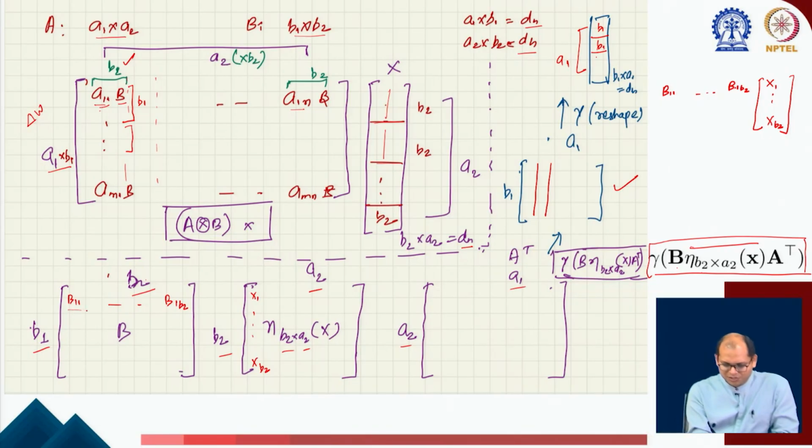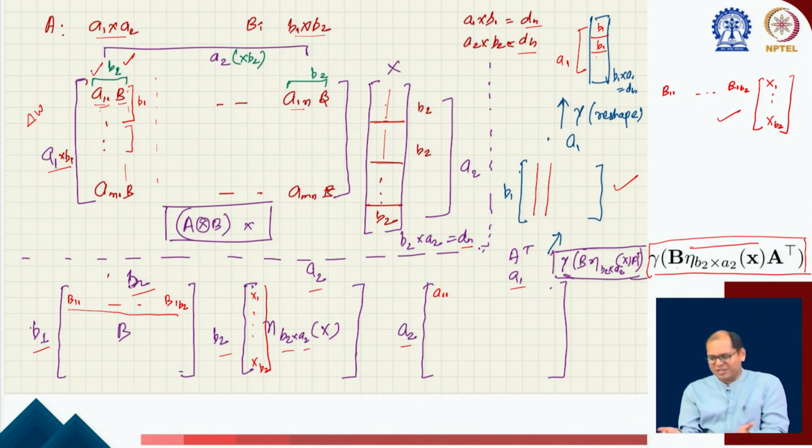This is the same multiplication, the same operation happening, and whatever is the result will be stored in this b1 cross a2 matrix. The first element of that will be multiplied by a11, and like that. You can verify this is the same thing, but I have at least given you a hint that this is actually the same operation.